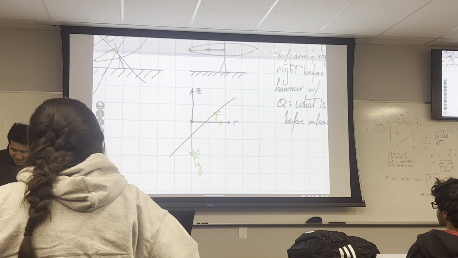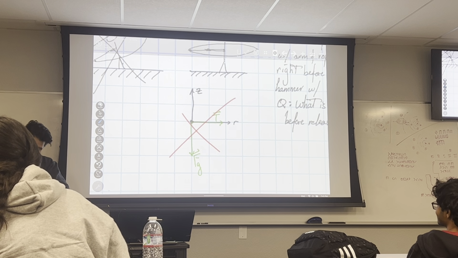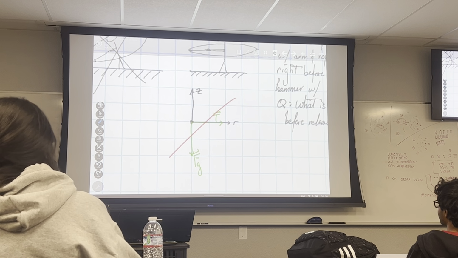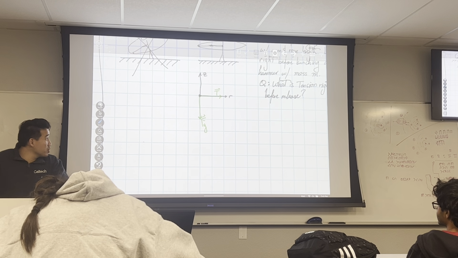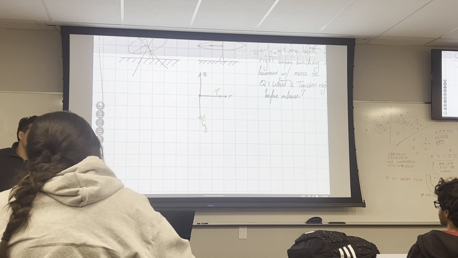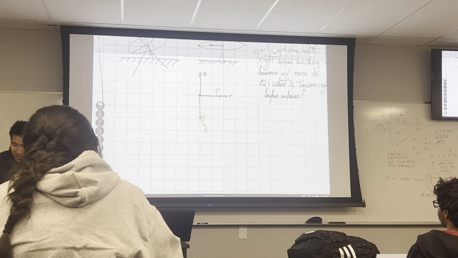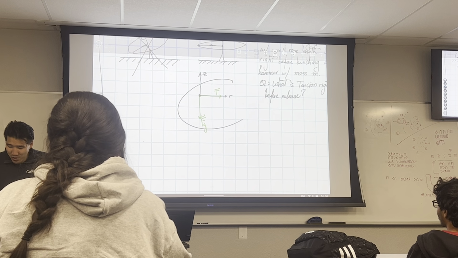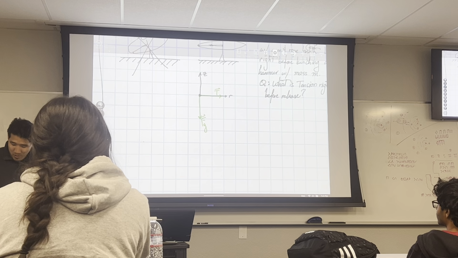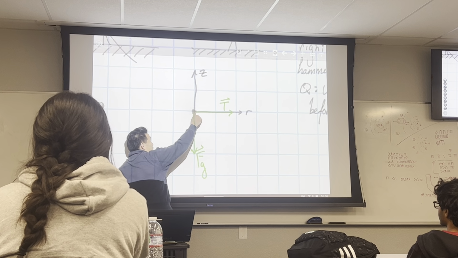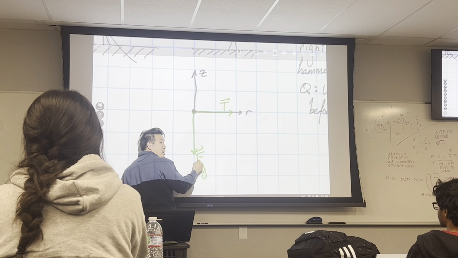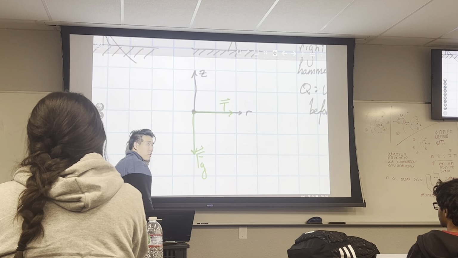But it's wrong! We only have two forces, that is correct. Force of gravity and tension, those have been correctly identified. However, there's an issue here. Because the net force is down, there's nothing that's offsetting the force of gravity.